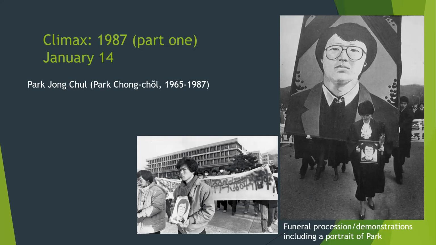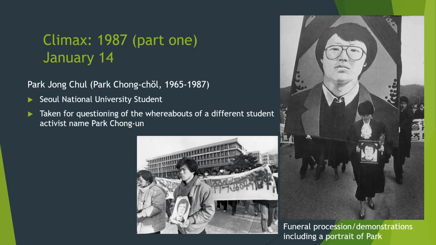He was taken into custody by Seoul police to be questioned about the whereabouts of another student activist named Park Jong-un on the 14th. The police waterboarded him to get him to talk about the whereabouts of this other activist, and he ended up dying from being waterboarded.